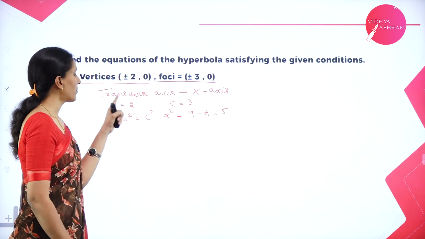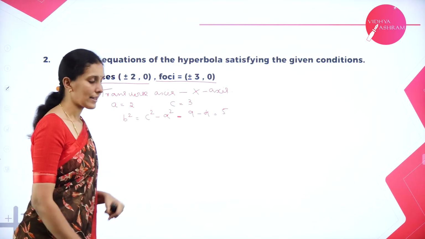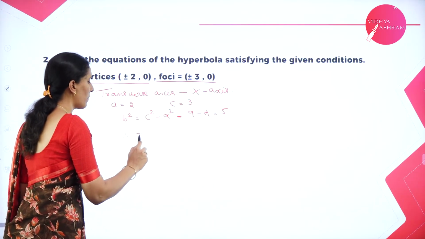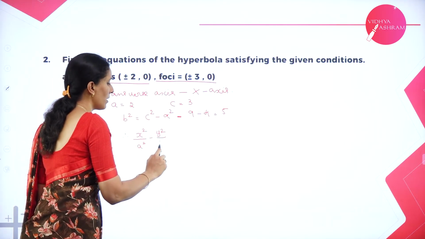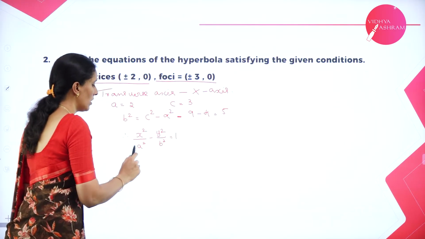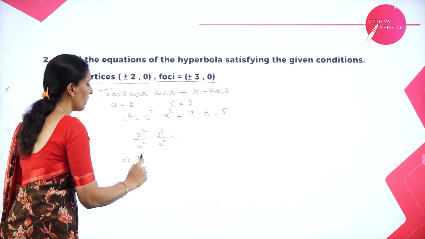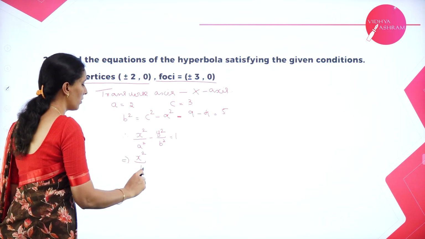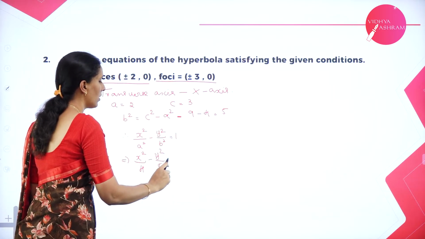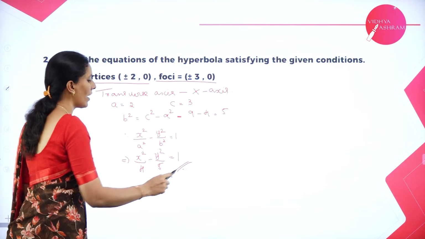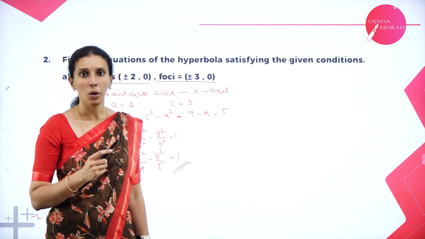So therefore, if the transverse axis lies on the x-axis, the standard equation of the hyperbola is x square by a square minus y square by b square is equal to 1. So this implies x square by 4 minus y square by 5 is equal to 1. So this is the required equation of the hyperbola.